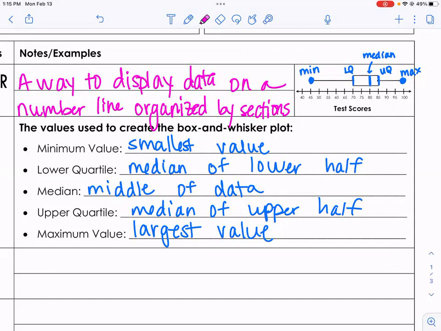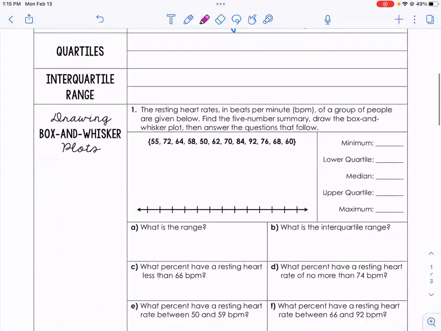So if I'm finding the middle of the lower half, and the middle of the upper half, what's true about those four sections? We're going to come back to that. I'm going to come back to what quartiles are and interquartile range.